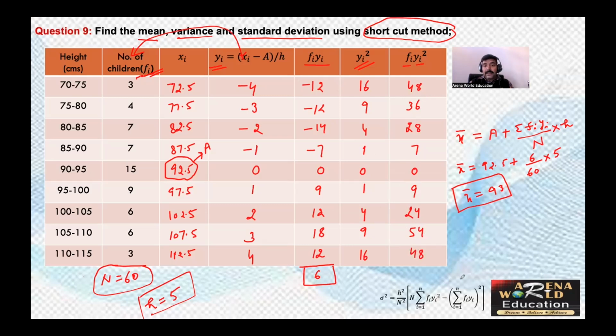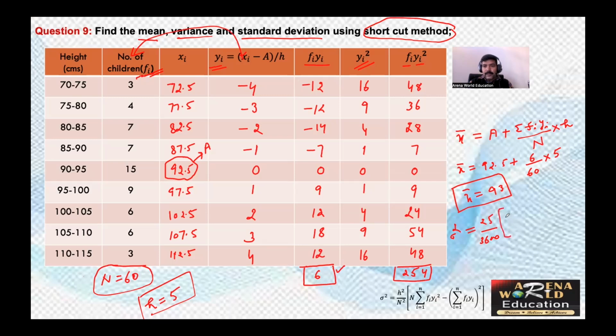Now to apply this formula to find variance, we need the sum of all these values, and this will be equal to 254. So now easily we can apply this formula. So what is the required variance? This will be equal to h square upon n square. H is 5. So 5 square will be 25 divided by n square. N square will be, yes, 3600. Right?